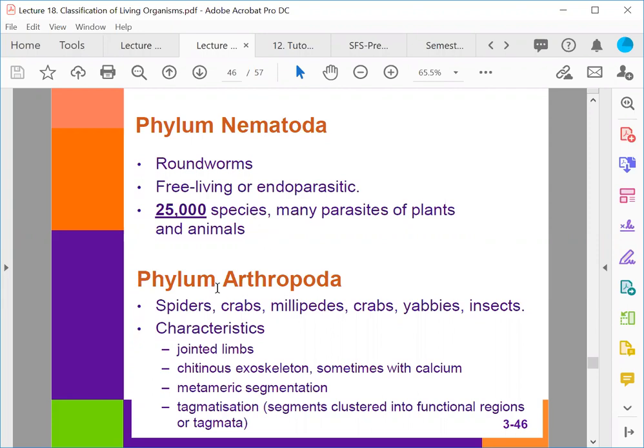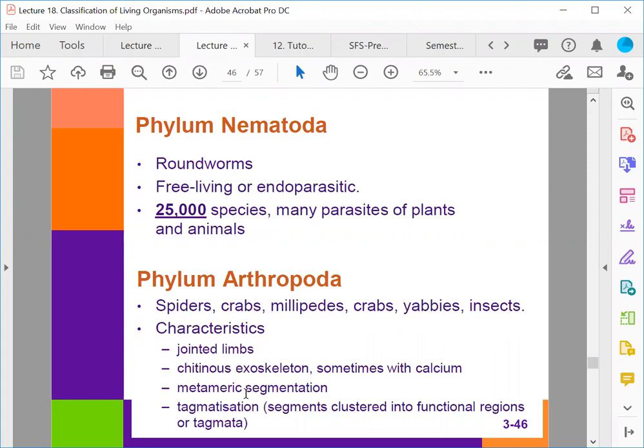Next, we have phylum Arthropoda, which includes spiders, crabs, millipedes, yabbies, and insects. And here are the main characteristics of the arthropods. They have jointed limbs. They have a chitin-containing exoskeleton.